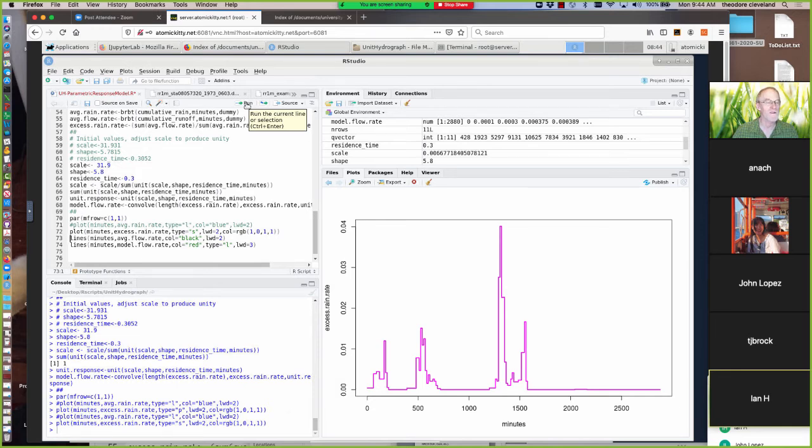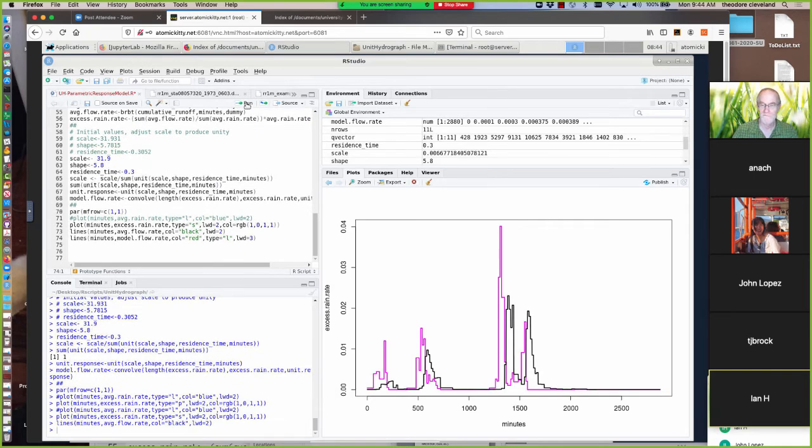Here is our observed flow rate from that gauge in black. And here will be our model flow rate. It'll be in red. Now we're just using numbers that were left over from our last analysis, so I have no expectation for them to be at all close.